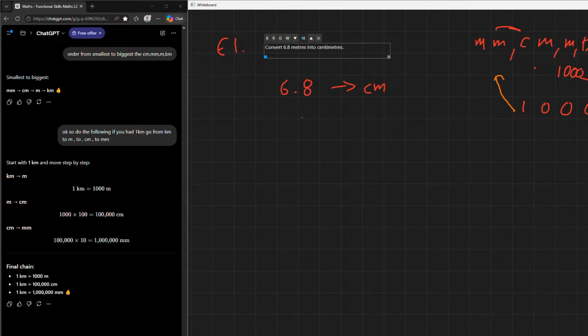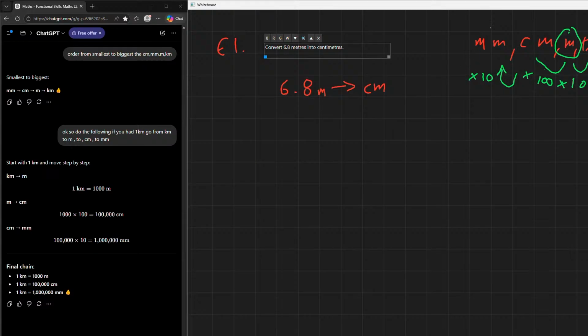Okay, so if I had meters into centimeters, and I'm going to erase this. So if I had meters, this one was 1,000, and then from here it's times 100, and from here to here is times 10.